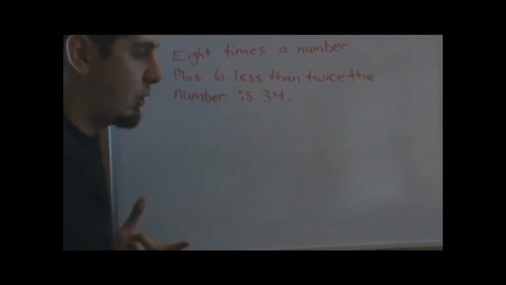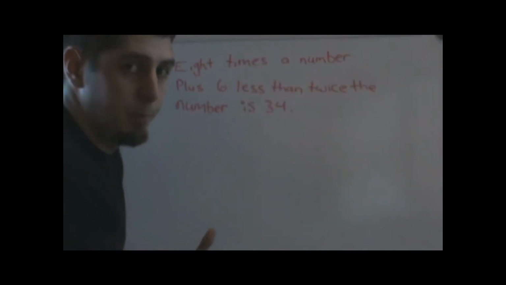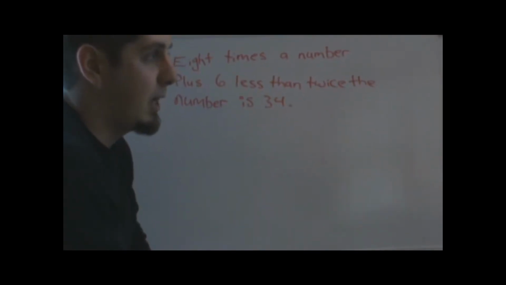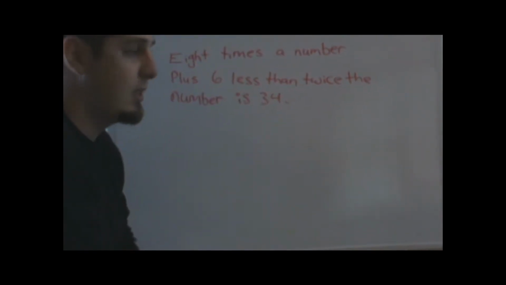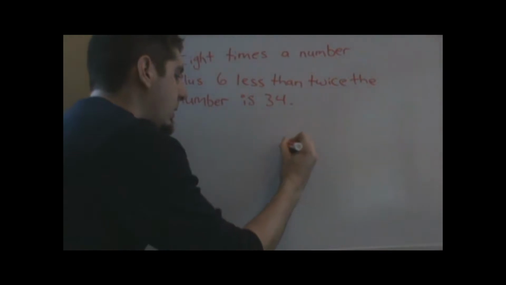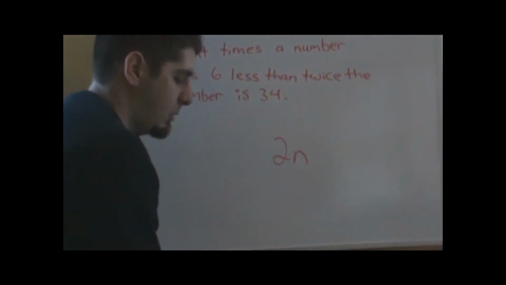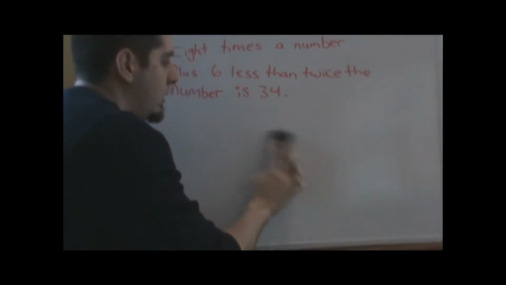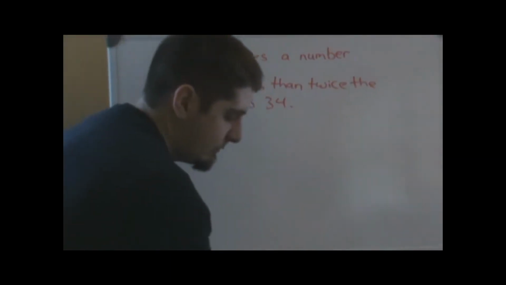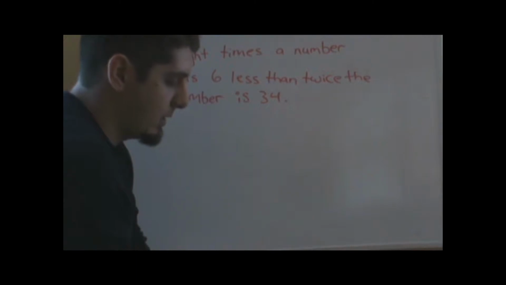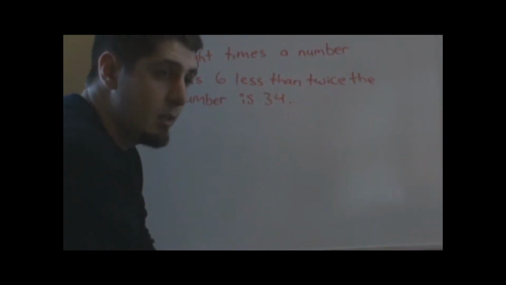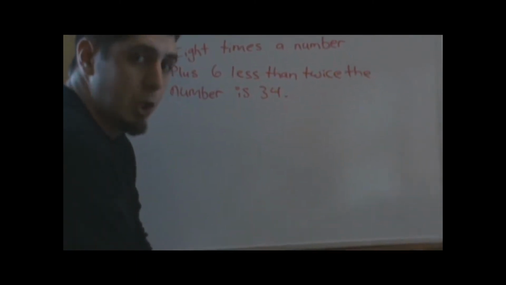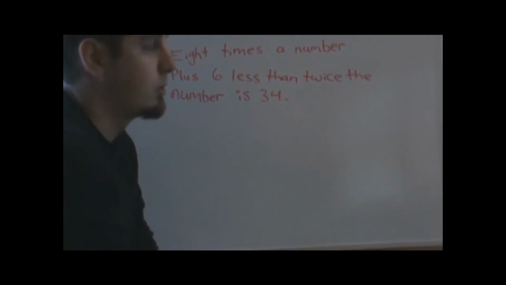So twice a number would be 2 times a number, or 2n, or 2a, 2b, whatever variable you want, it doesn't make a difference. Division is typically represented by the words divide, divided, quotient, somewhere along those lines.